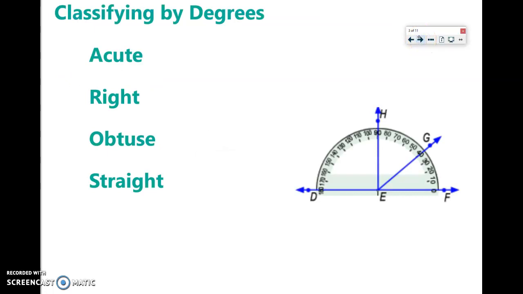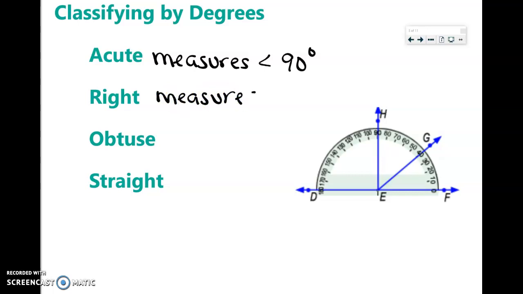All right, classifying angles by degrees. There are 4 types of angles. An acute angle measures less than 90 degrees. A right angle measures exactly 90 degrees.